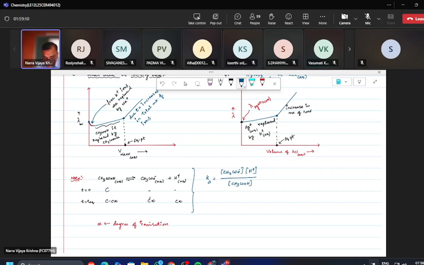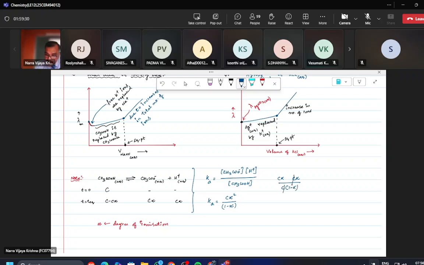What is the concentration of CH3COO minus? C alpha upon C into 1 minus alpha. So Ka equals C alpha square upon 1 minus alpha. Correct?